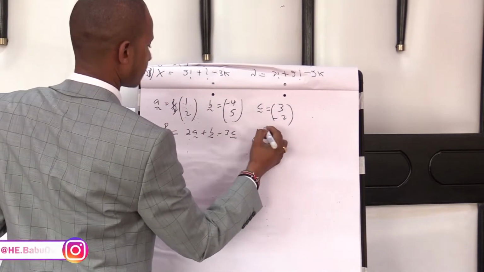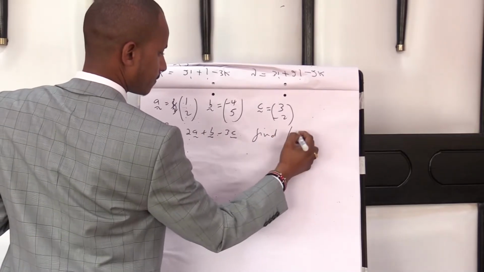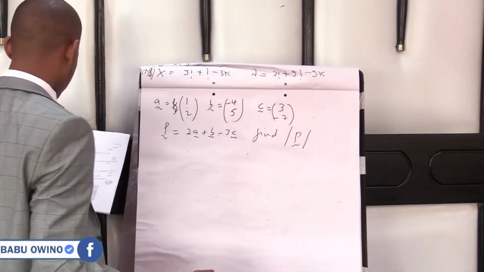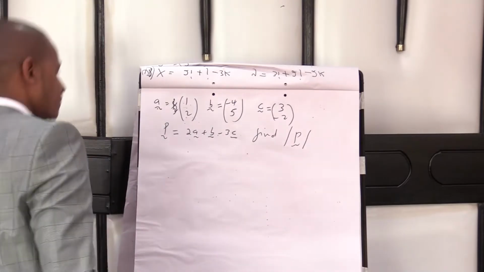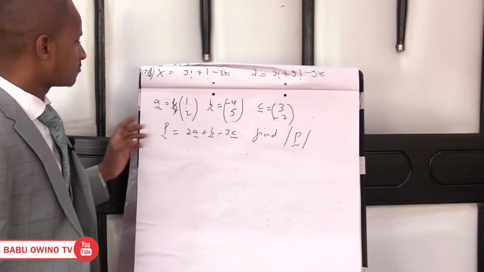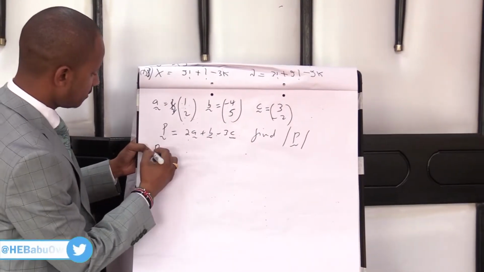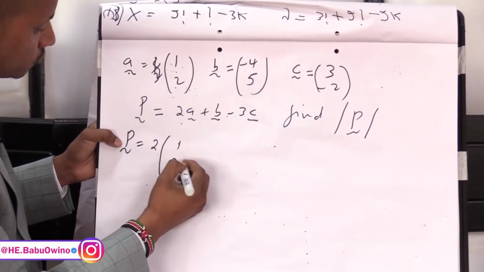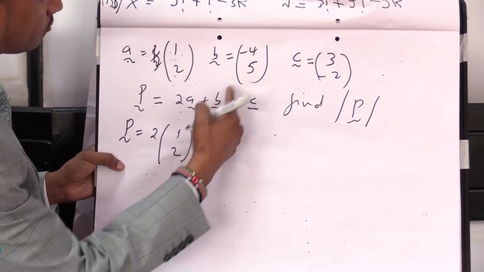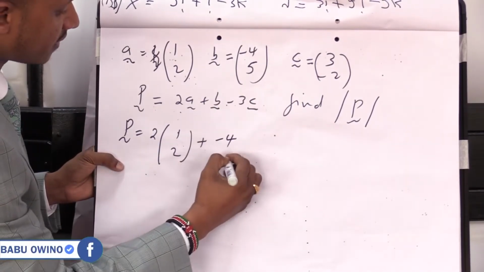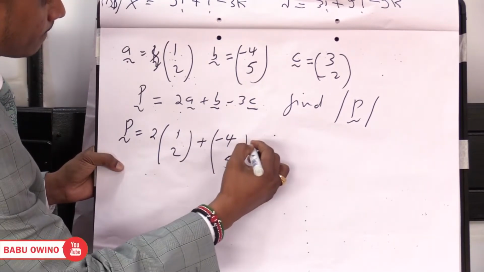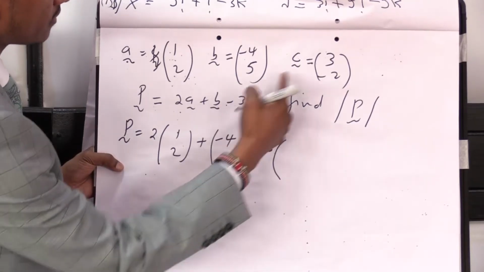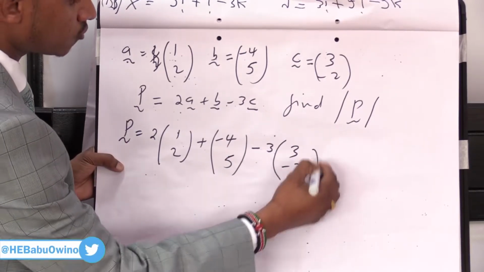Find the modulus of P. So if you are given such, just come to where P is, just write P equals to 2, but what is our A? A is 1, 2, plus B, what is our B? Minus 4, 5, minus 3C, what is our C? 3, minus 2.